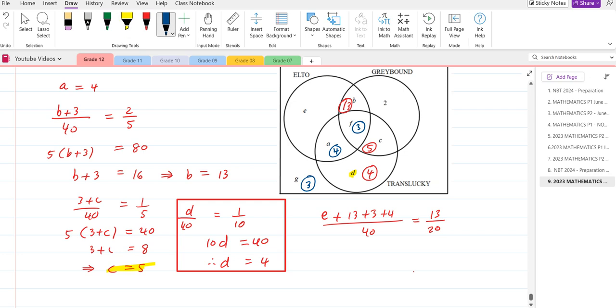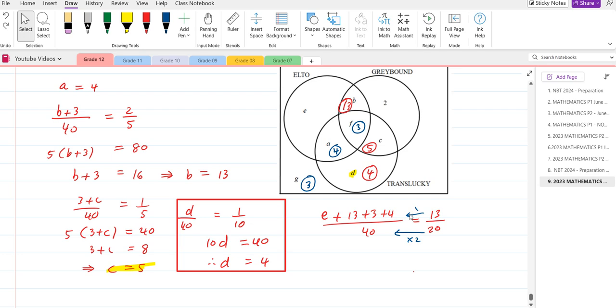You can see how you're going from 40 to 20, you're multiplying by 2, so from here to there you need to multiply by 2. Otherwise just cross multiply. Alright, let's just cross multiply.